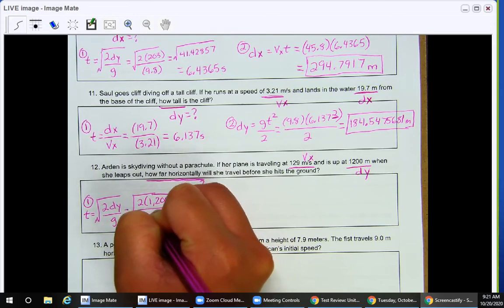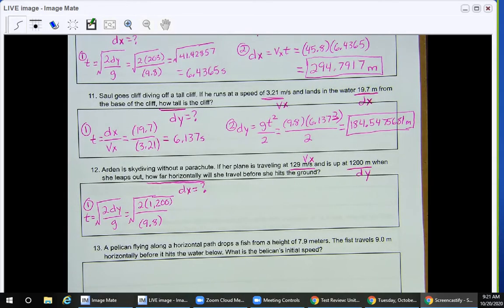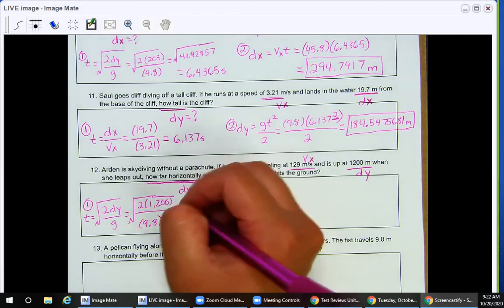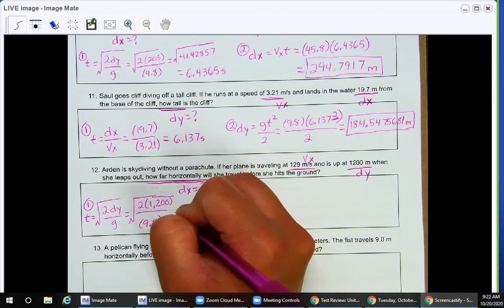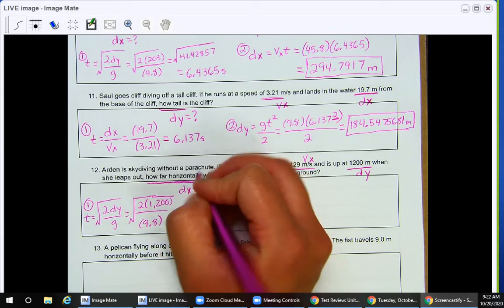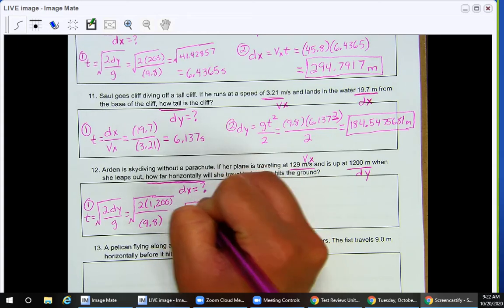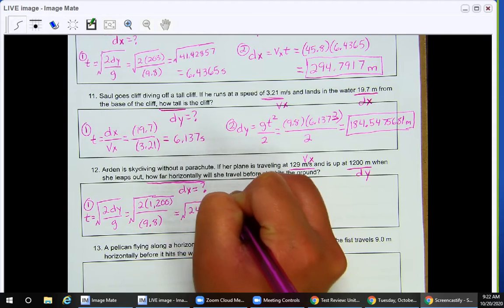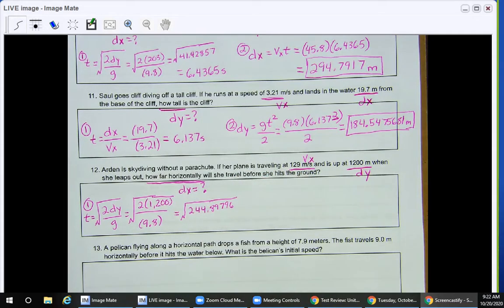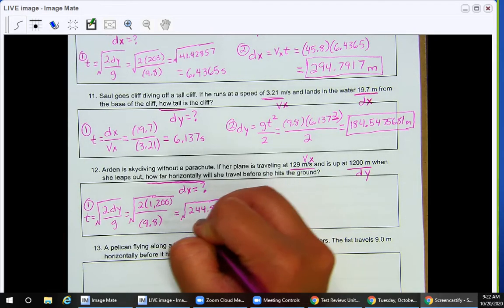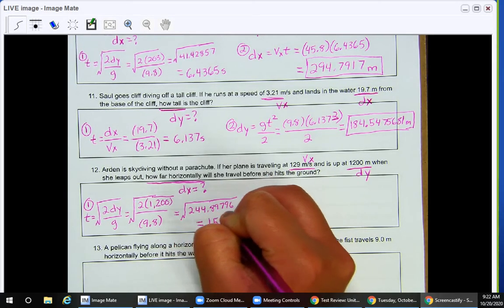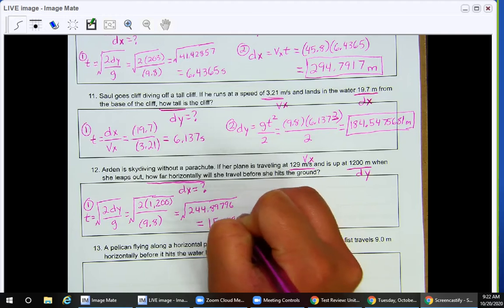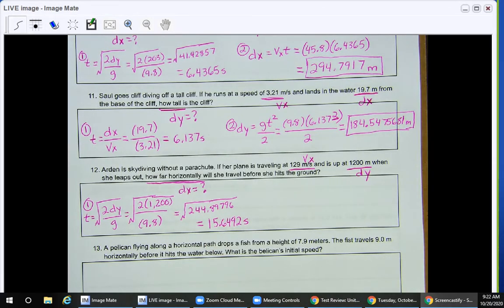Remember, don't put your negative. 2 times 1,200 divided by 9.8, that's the square root of 244.89796. If you square root that value, your time is 15.6492 seconds. Now we have our time.